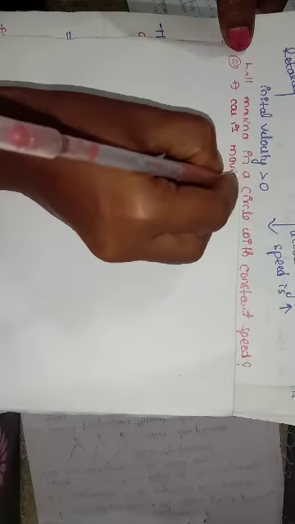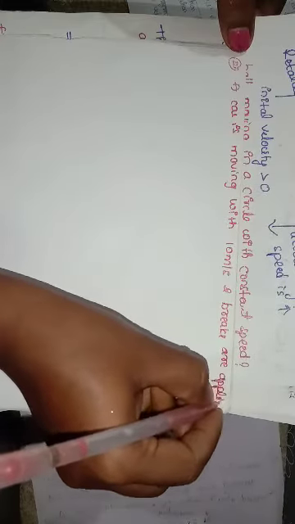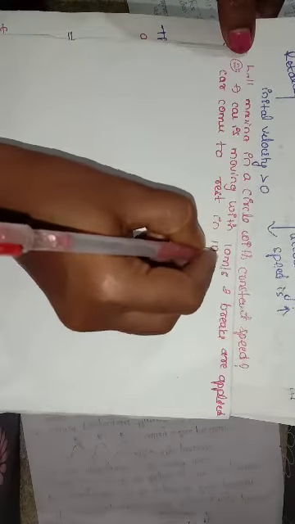A car is moving with 10 meters per second and brakes are applied. The car comes to rest, or stop position, in 10 seconds.